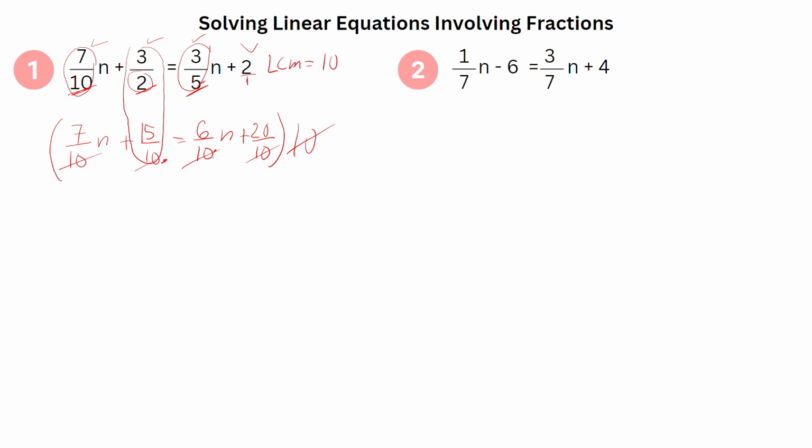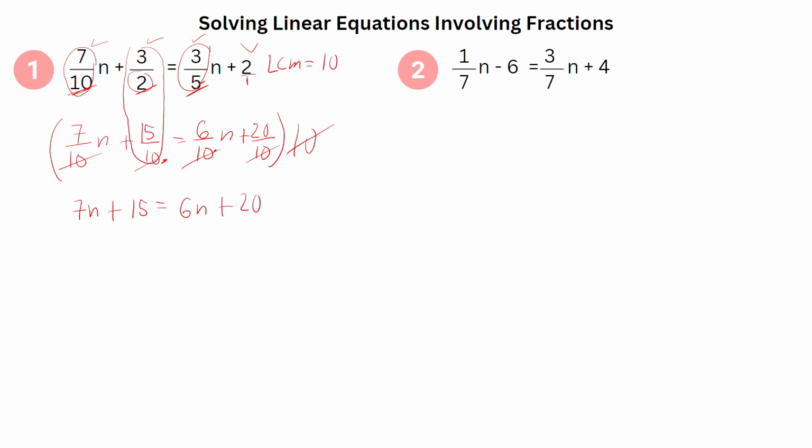That's why we will just get all the numerators. You have here 7 times n, that's 7n, plus 15 equals 6 times n, that is 6n, plus 20.